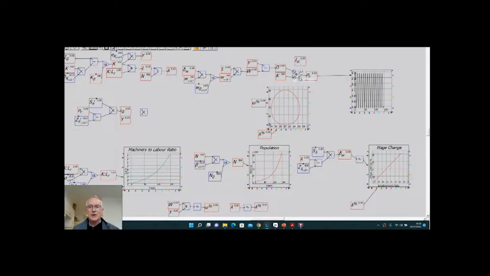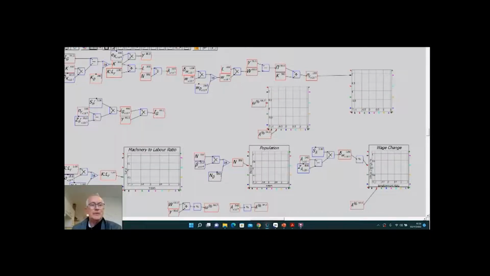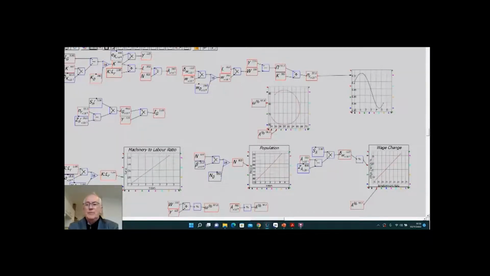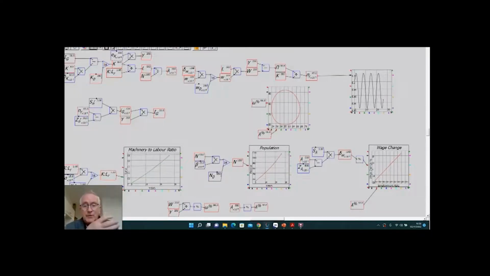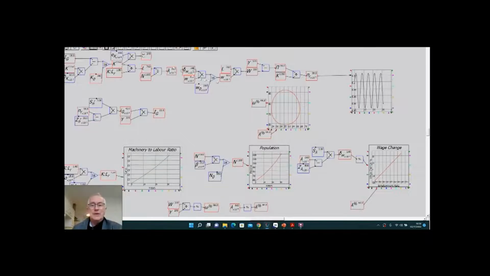So I'll delete that Y, bring gross investment down here, and wire them up, and that's now my level of gross investment. Now I can simulate the model, even though I haven't completed it, by bringing in borrowing, and you still get the same basic shape. So saying that investment is driven by profit doesn't change the overall dynamics of the system.